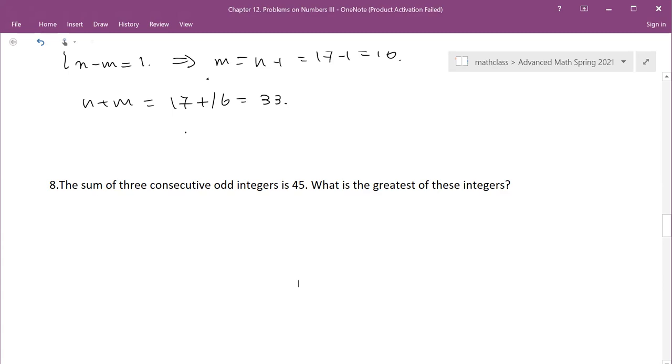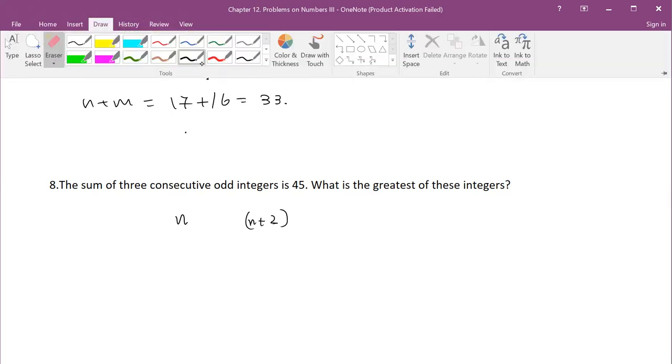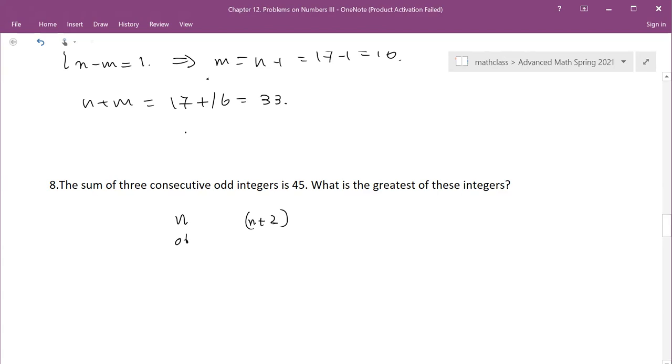Okay, the number in the middle is n. Three consecutive odd integers, right? The other number is n plus 2, and then the other is n minus 2, we assume that.